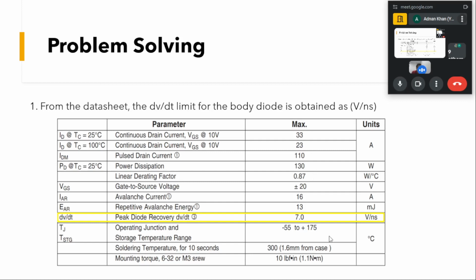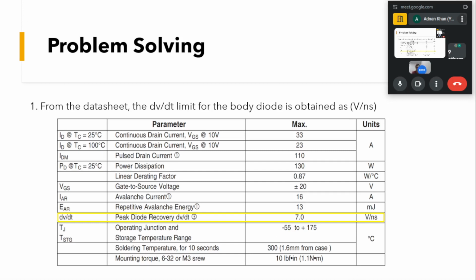It has a maximum value of 7 volt per nanosecond. So the answer to this first question is 7 volt per nanosecond. You only have to write the 7, because volt per nanosecond is already given.